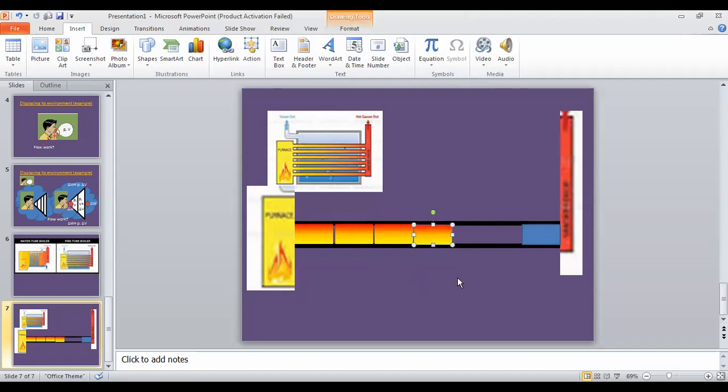So this takes place like this. Of course, there is temperature change, but I just show the same color because otherwise it takes more time.